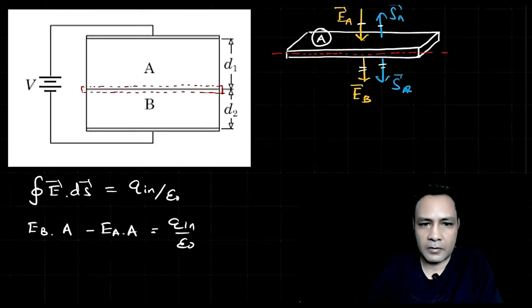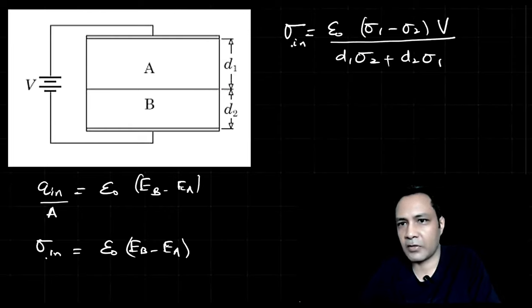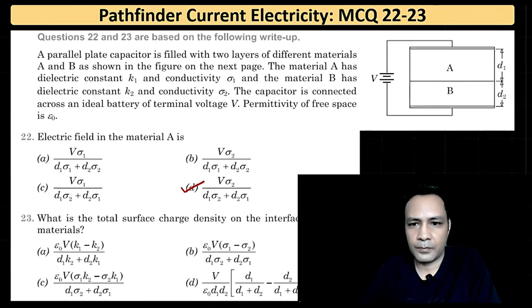Don't confuse it, these are different things: this is the surface charge density and these are the conductivities. So that is epsilon naught V, sigma 1 minus sigma 2, over D1 sigma 2 plus D2 sigma 1.